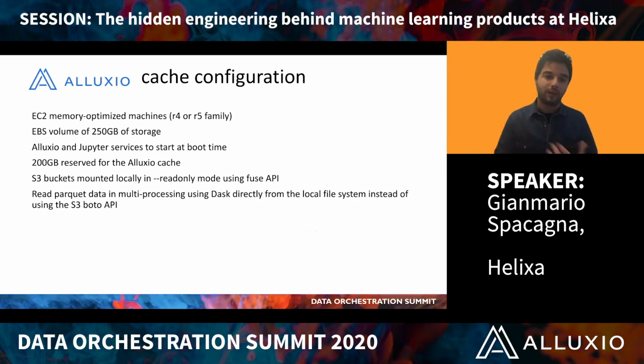So in this 200 gigabytes, we would mount our S3 buckets locally using the Fuse API in read-only mode. And that means that now we can access the data in multi-processing, for example, using Dask, directly from the local file system without having to go through the Boto API.